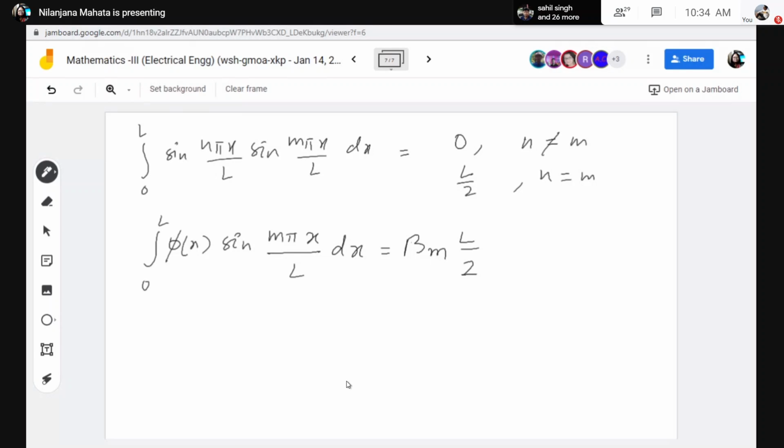So b_m is equal to 2 by L, integral from 0 to L phi(x) sine m pi x by L dx.